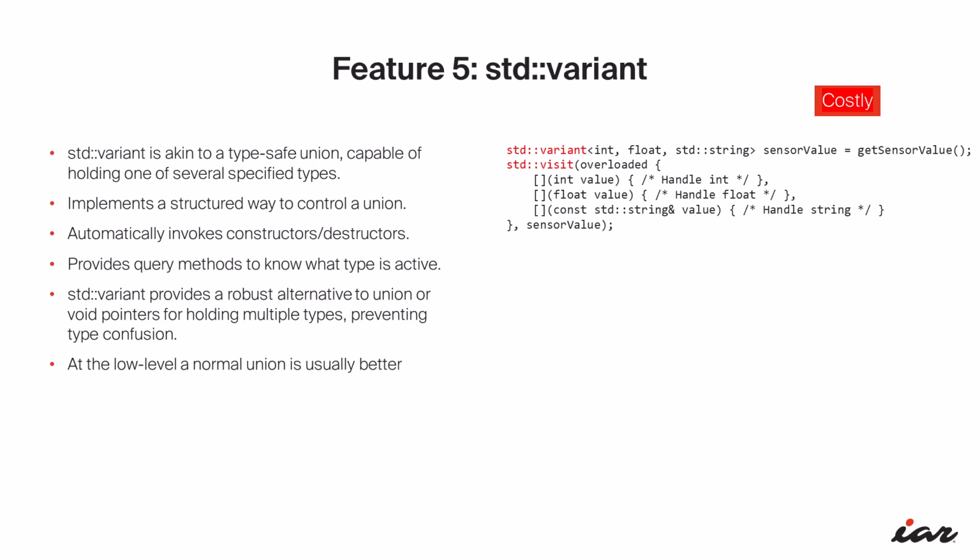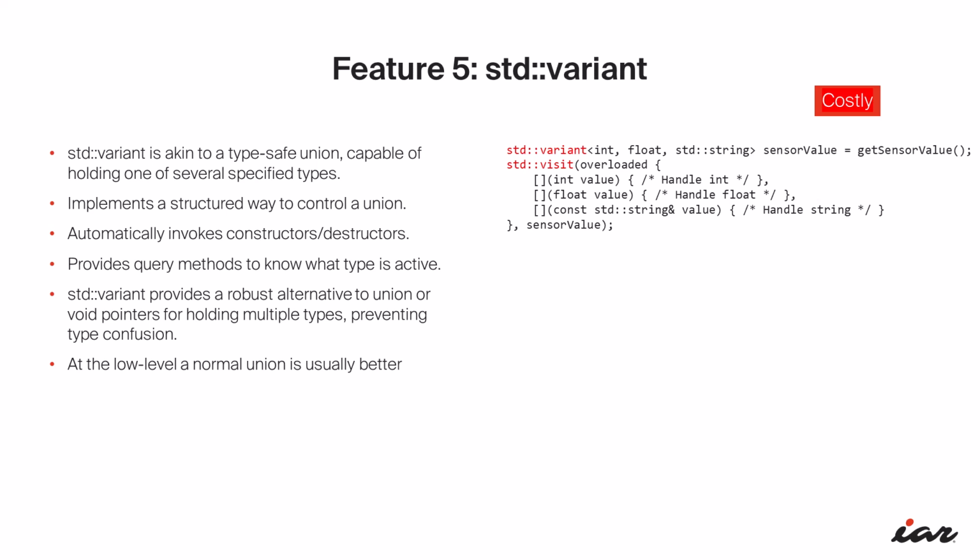Even though it's a bit like a union, I would say in the embedded space, this is probably not that useful a feature, because when you use unions in the embedded space, you usually look at low-level behavior where you want to actually map bits and pieces between different types, and that can't be done with the std::variant.